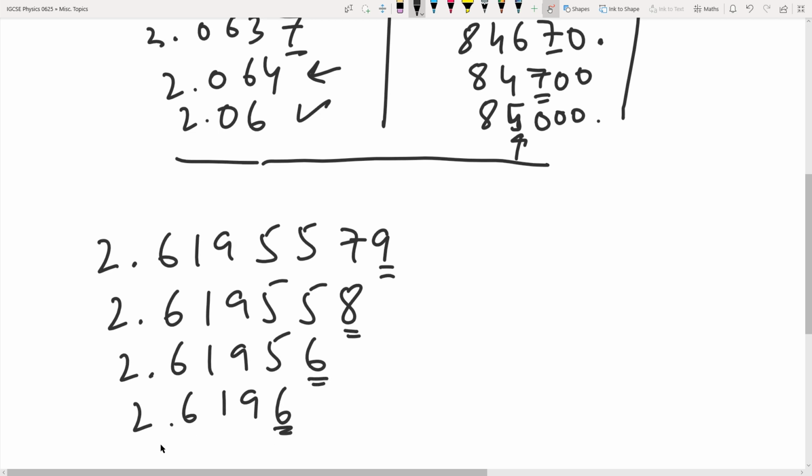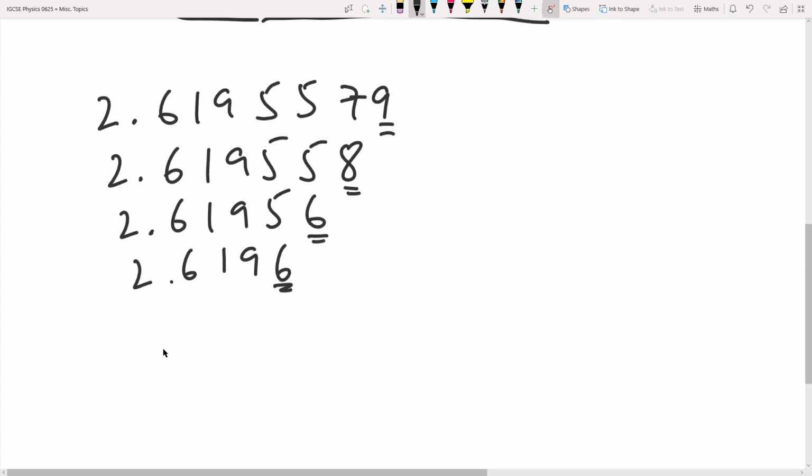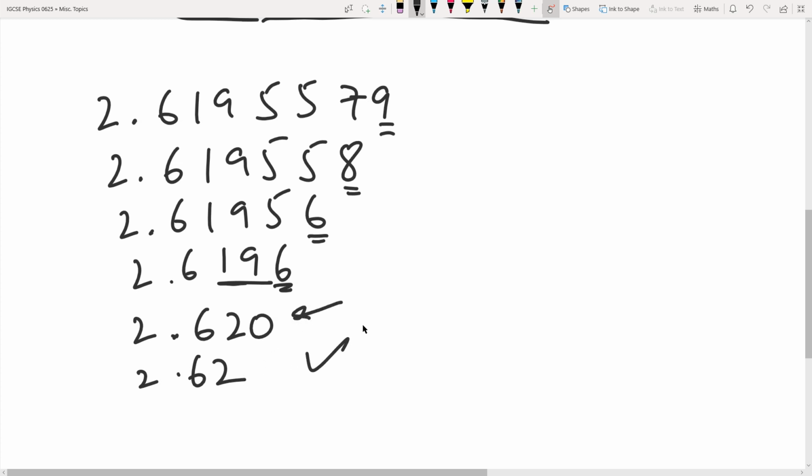And we keep on moving down to round off this number to 2.62 as our final number. We can use this as well, or this. Both are accurate, both are considered correct.